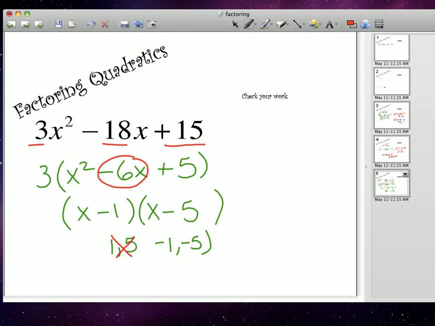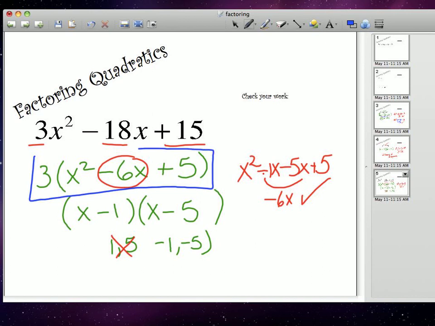Let's double check. X squared minus x minus 5x plus 5. That totally is going to give us our answer of -6x. Everybody goes home happy because it works, and our solution is right here.